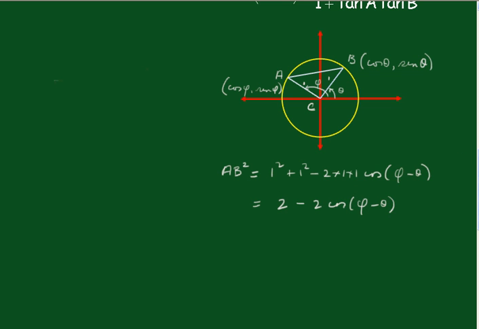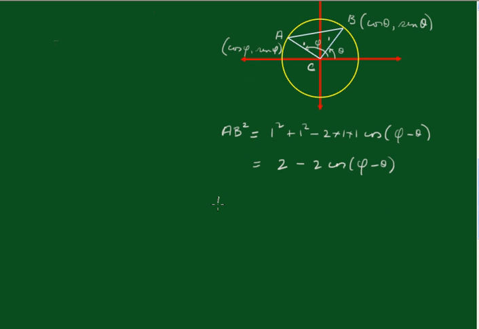Now, using the distance formula, you can see that AB squared is equal to the cos of theta minus the cos of phi all squared plus the sine of theta minus the sine of phi all squared.